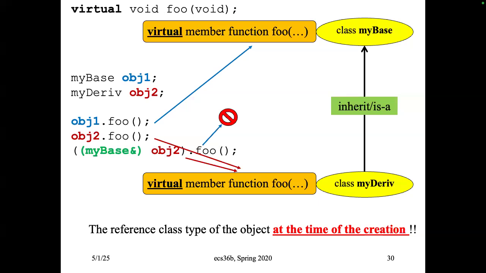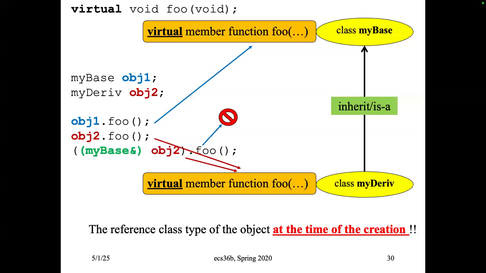So I know object 2 belongs to my derived. So I'm looking at the reference class type of the object, which in this case is obj2 at the time of creation. Regardless of how you cast this, at the time obj2 was created, it was my derived. So therefore, I will always treat that as my derived.